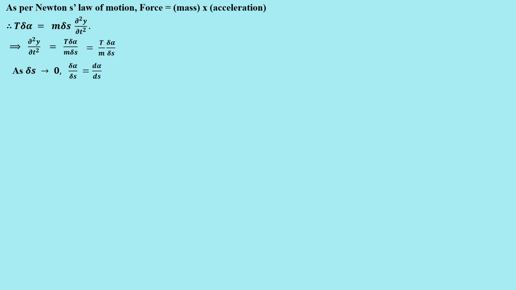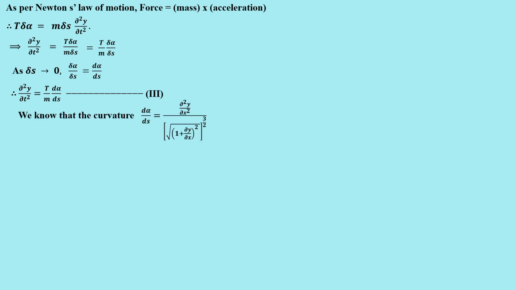As del s tends to 0, del alpha by del s becomes the differentiation, the rate of change of alpha with respect to s, d alpha by ds. Therefore dou square y by dou t square is equal to T by m d alpha by ds. That is equation number 3.